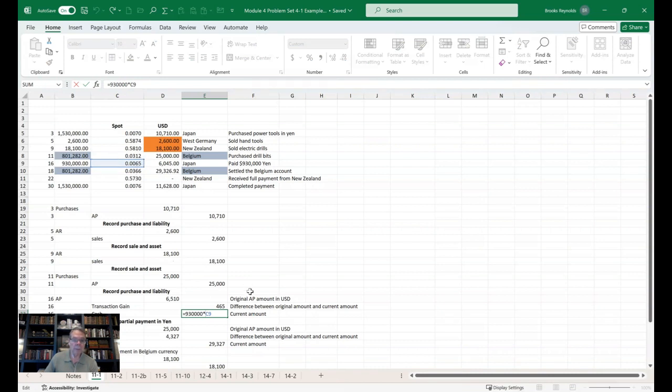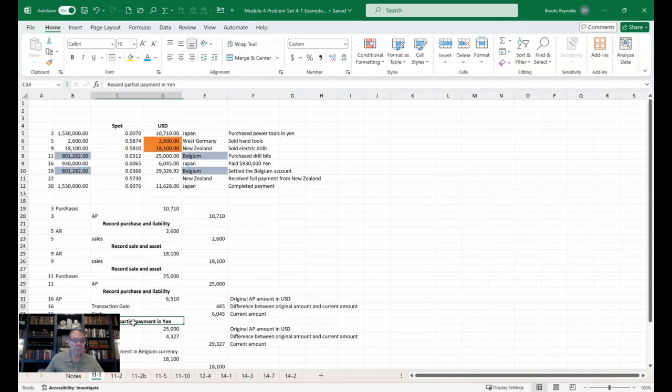So we actually have to come up with less cash than what we had originally anticipated. So we are going to have a transaction gain of 465. All right, so we recorded the partial payment.